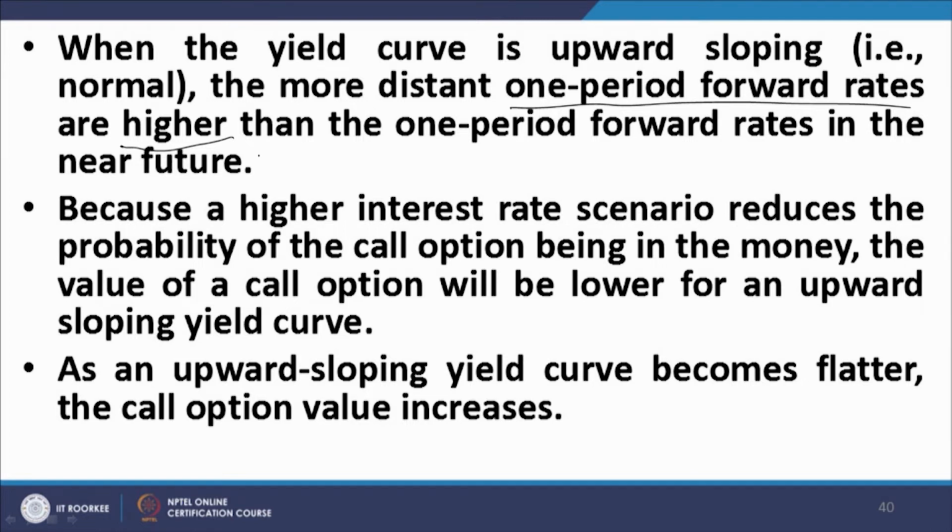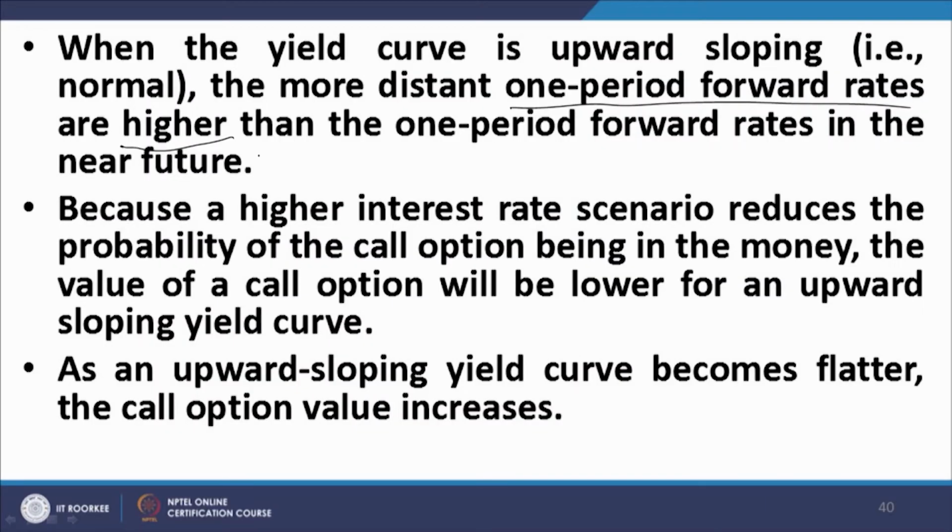We saw that F23 was 7.20%, F13 was 5.02%, I think, and it was clearly seen that F12 is much less than F23, or F23 is much greater than F12. Because a higher interest rate scenario reduces the probability of the call option being in the money, the value of the call option will be lower for an upward sloping yield curve.